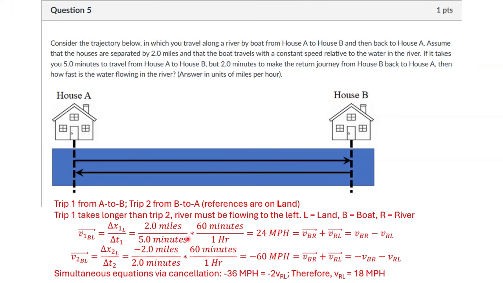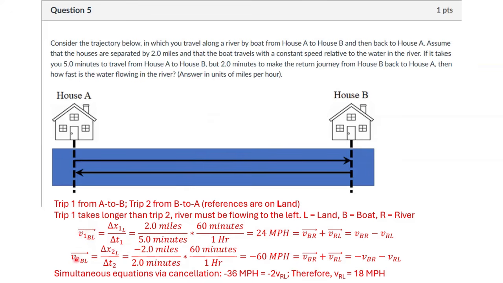We can convert that to miles per hour since we want our answers in miles per hour by taking the fact that 60 minutes equals 1 hour, minutes cancel, and we'll be left with miles per hour, and this will end up being equal to positive 24 miles per hour, or 24 miles per hour to the right, was the boat's velocity relative to land during the first trip.